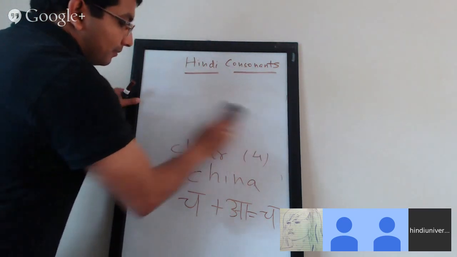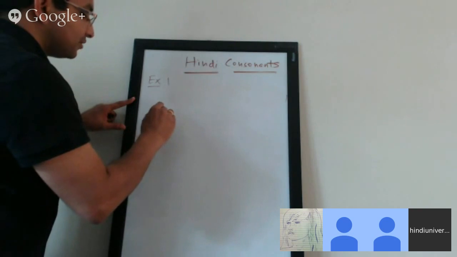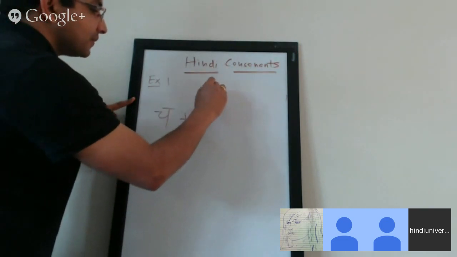Your exercise here would be to write down all the variations of ch. So the first exercise is that you take ch and you add all the vowel sounds to it.